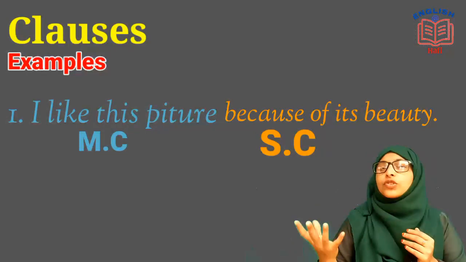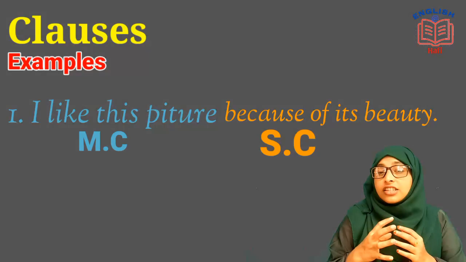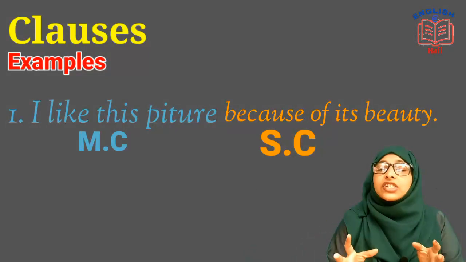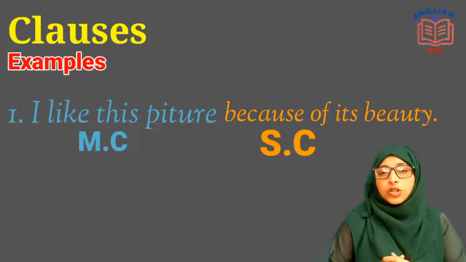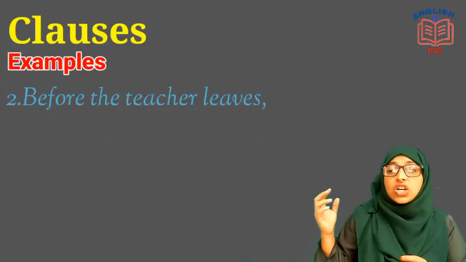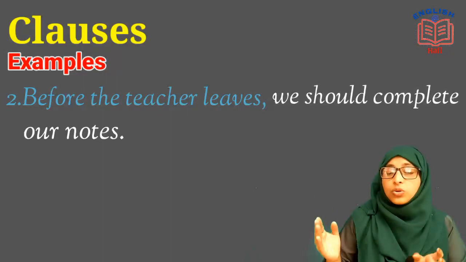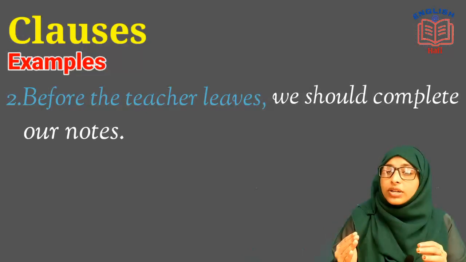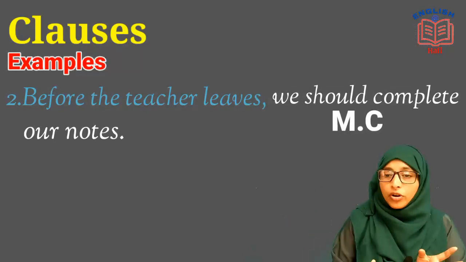Here, because of its beauty is a subordinate clause and it is not complete unless it joins with the main clause, I like the picture. The next example: before the teacher leaves, we should complete our note. We should complete our note is the main clause. Before the teacher leaves is the subordinate clause.